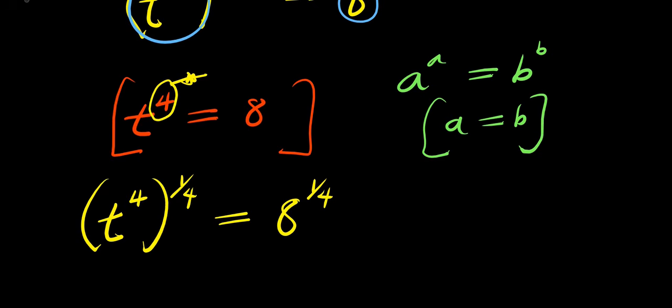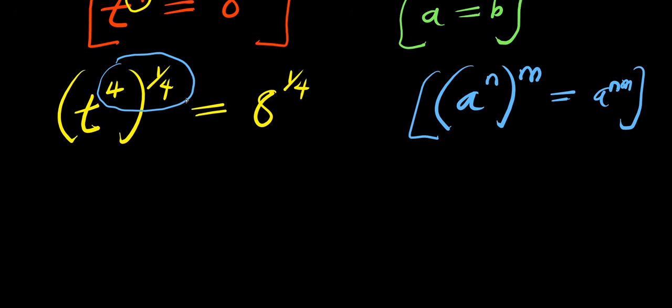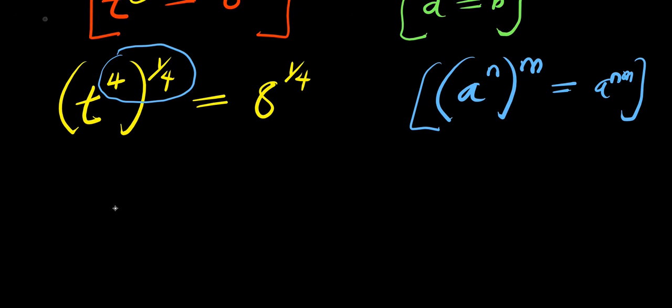So the next thing we can do will be to consider this same identity again. If you have a power n raised to the power of n equals a power n times n. So we need to multiply this out. I will easily have t power 4 times 1, that is 4 over 4.